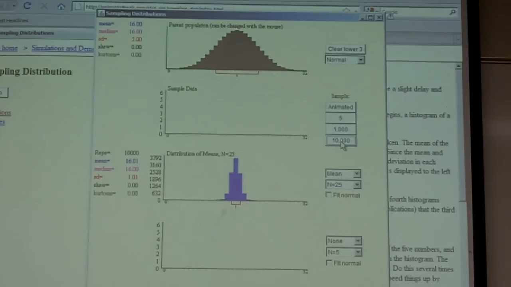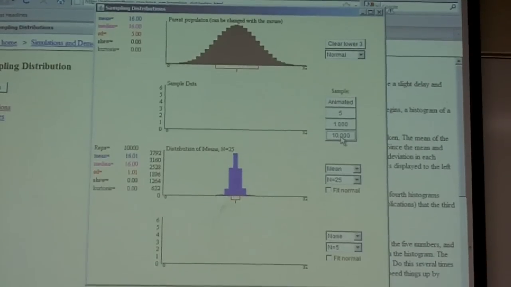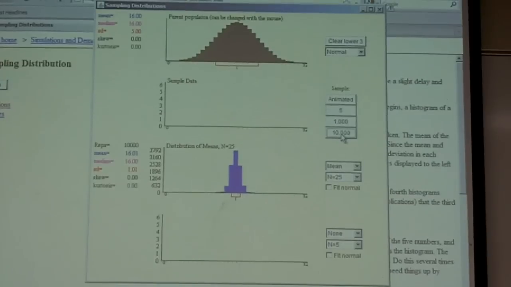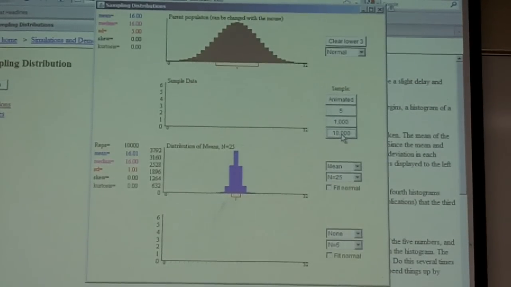Yes, sir? That's what the little m just means, the sampling distribution, exactly. That little m stands for the sampling distribution. Yeah, the bigger the sample size, the smaller the variance of the sampling distribution.